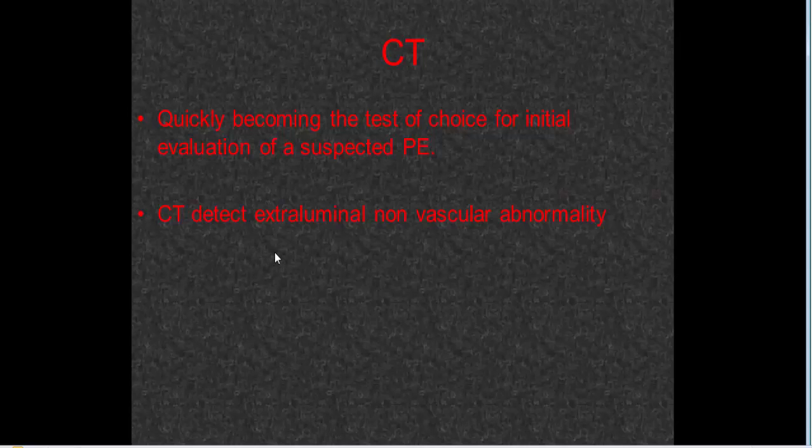CT detects extraluminal non-vascular abnormalities which may cause compression of pulmonary vessels. It also detects non-thrombotic pulmonary embolism like tumor embolism, and pulmonary artery abnormalities like pulmonary artery agenesis.